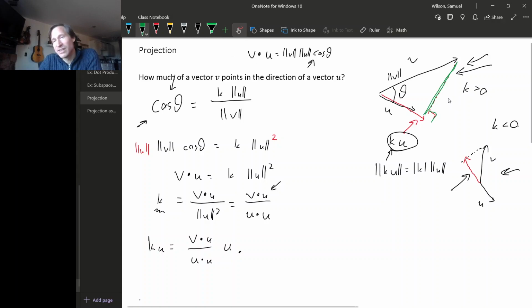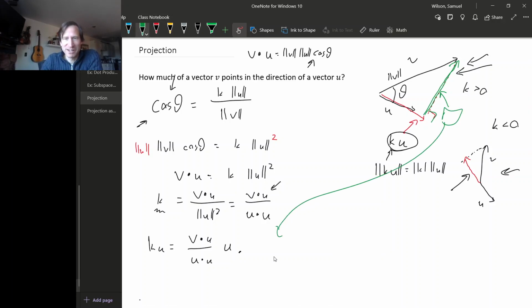Along with it, we can actually get a really nice formula for this green vector, which is sort of the part of v that's perpendicular to u. You can see it's just v minus the first one. So this green vector, I haven't given it a name yet, so I'll just call it green vector. It's just the vector that we started with minus the portion of v that points in the direction of u.